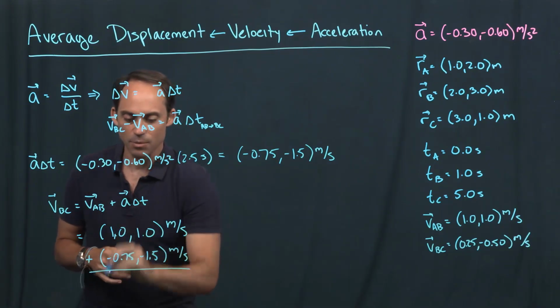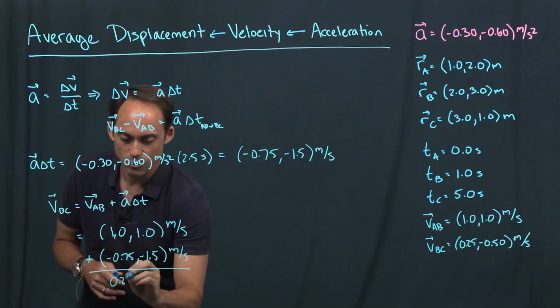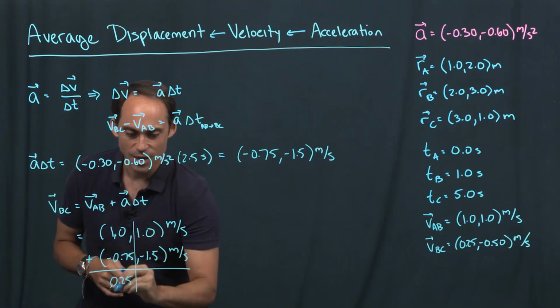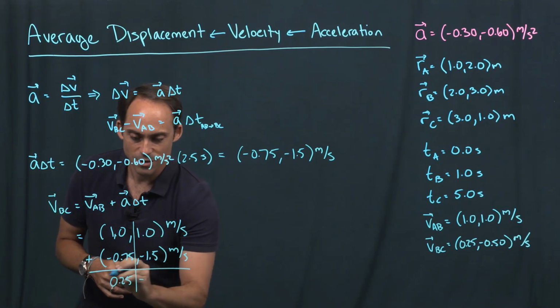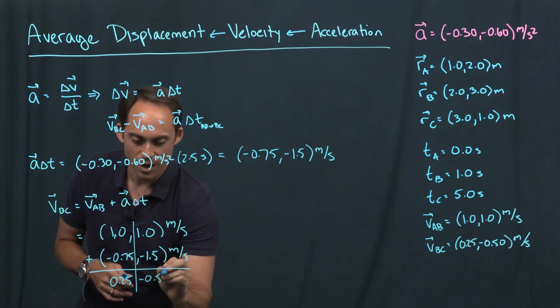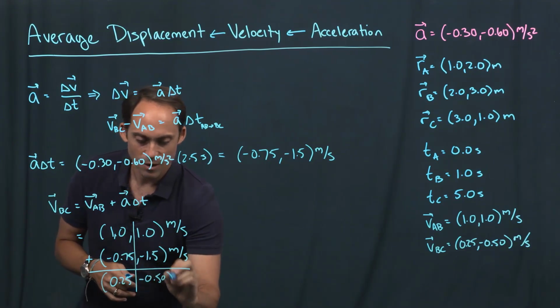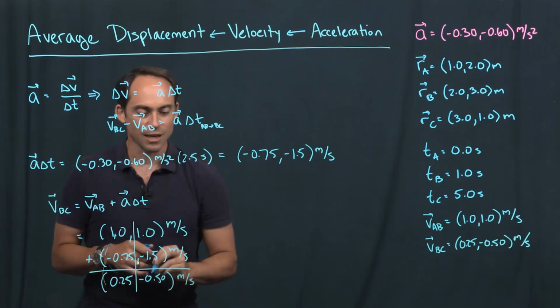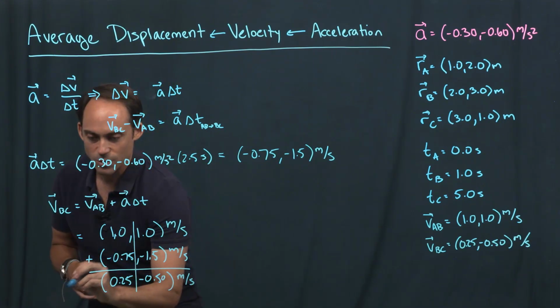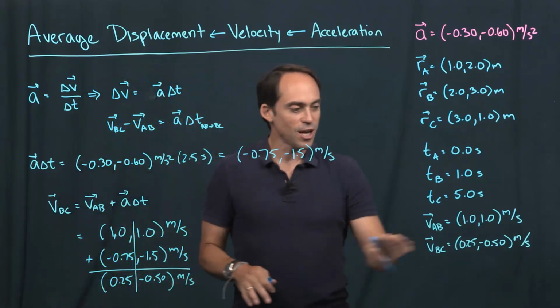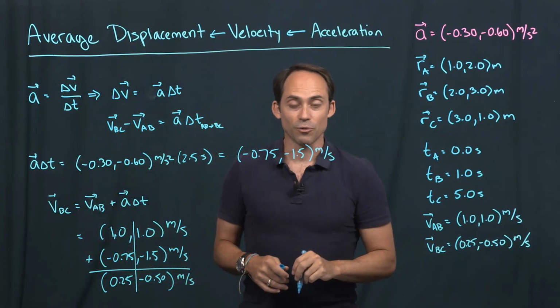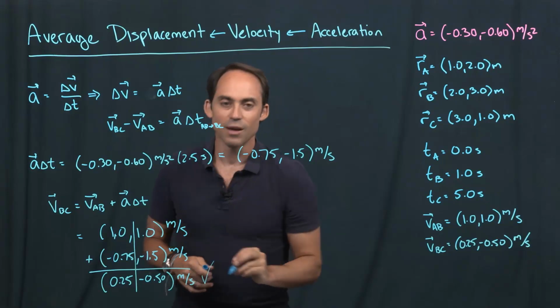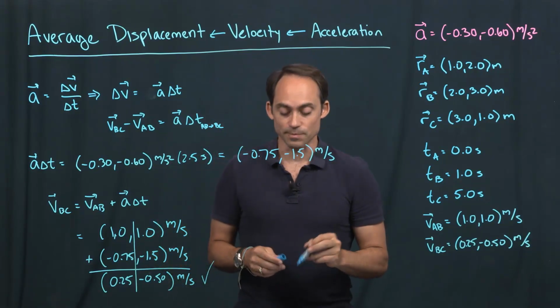When we add those up, we get 0.25 on this side, and we get minus 0.50 in the y-coordinate side, and this is in units of meters per second. And this is equal to VBC. And if we go back and check, that's indeed what we calculated before for what that velocity is. So we've managed to get the right answer in this direction.